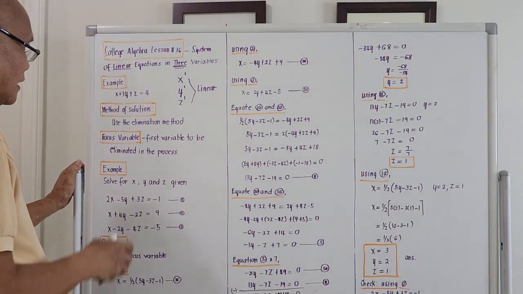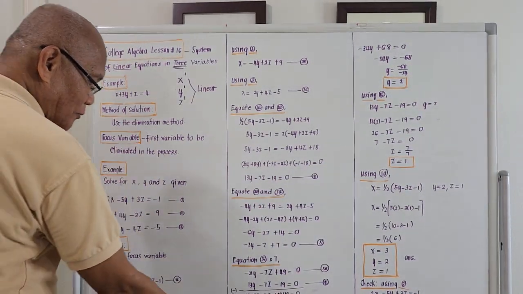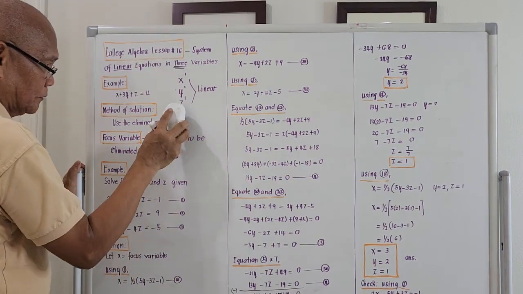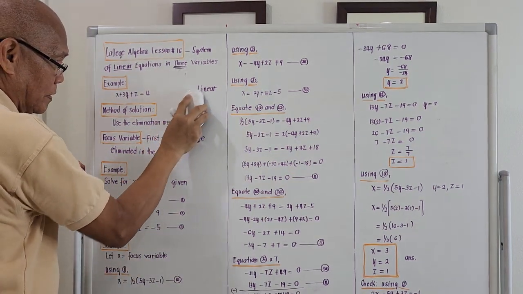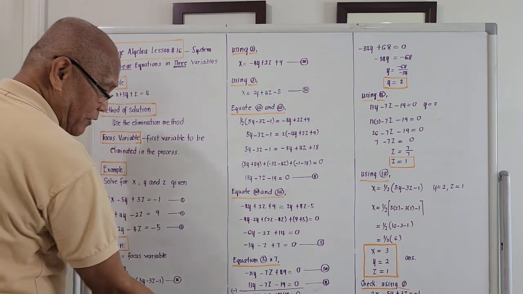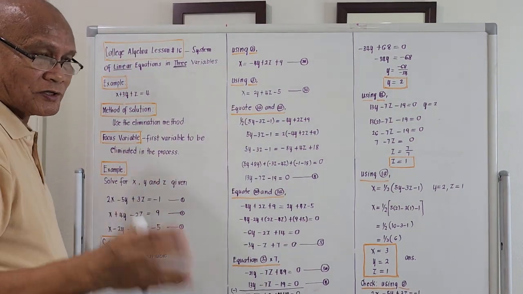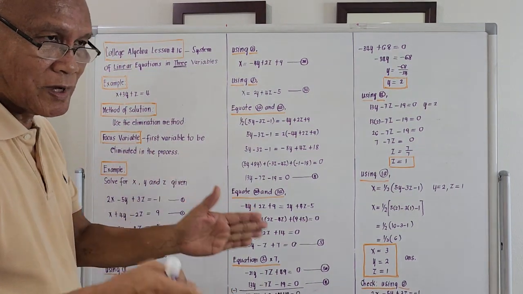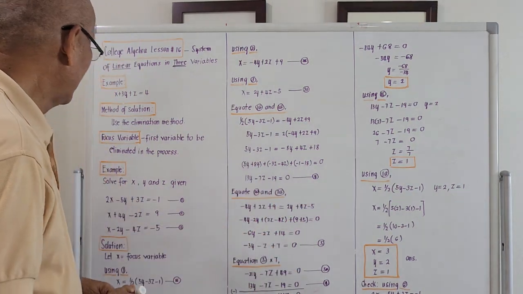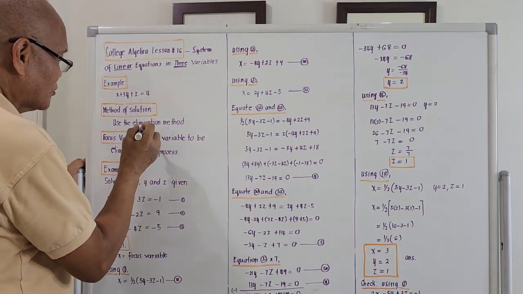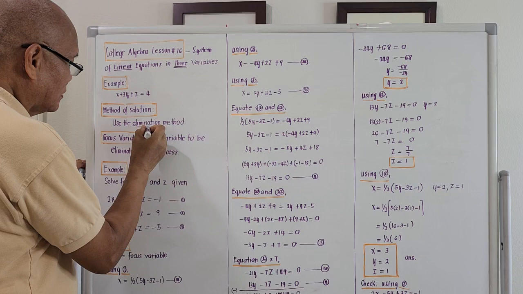Let's try to bring out the method of solution. The simplest method of solution is the one I will be discussing tonight, and that is by using the so-called elimination method.